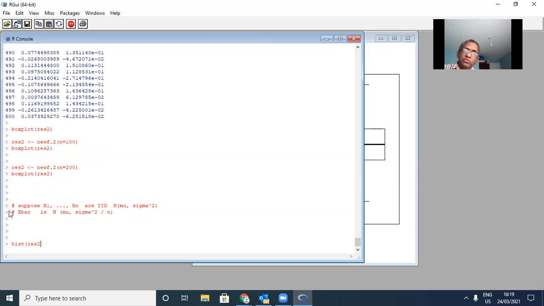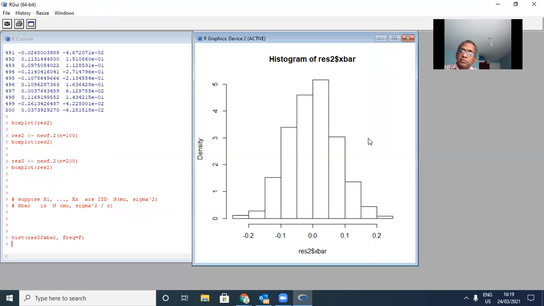Remember, rest 2 has 2 columns, and I'm only interested in the sample mean column, which is x bar. So I will do a histogram of rest 2$x bar with freq equal to FALSE, and this is what you see. This is the density, or the histogram, of the simulated values of the sample mean.